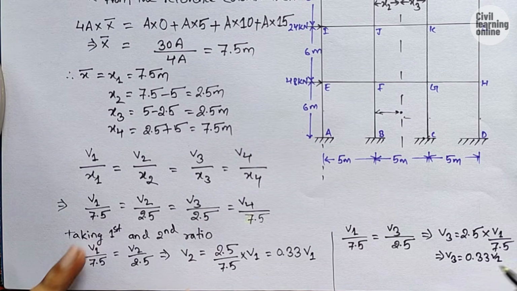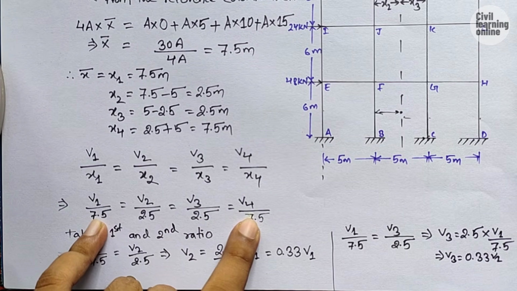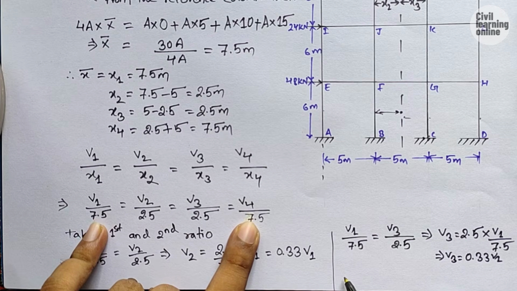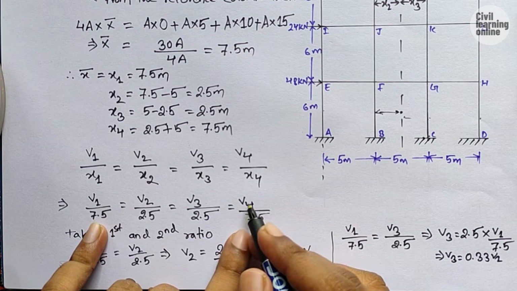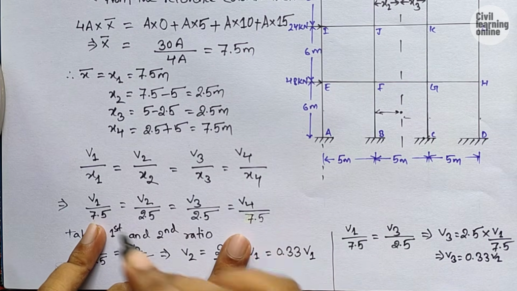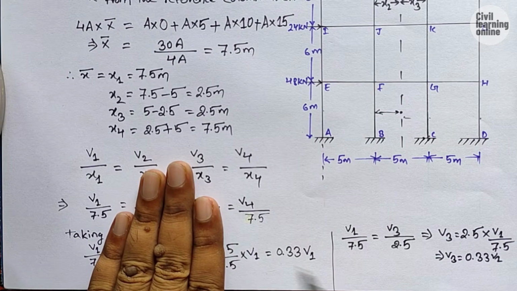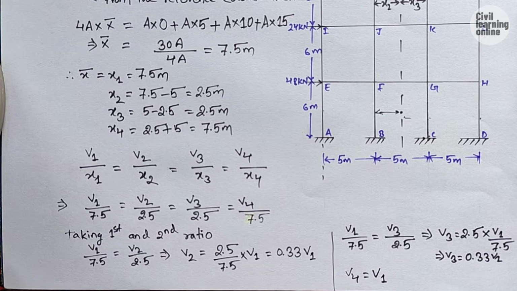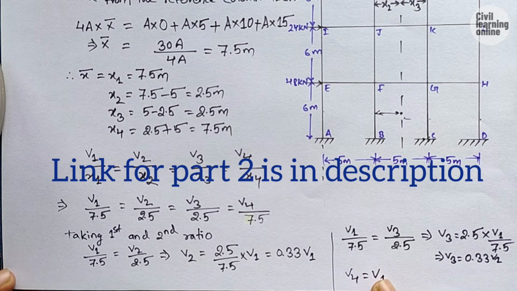And similarly, if we take the first and fourth ratio, then from here we will have V1 upon 7.5 equals V4 upon 7.5, and this 7.5 gets cancelled, so we will have V4 equals V1. These are the conditions which we will be frequently needing while solving this numerical. Now let us move toward step 2.